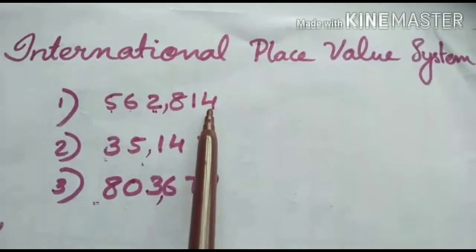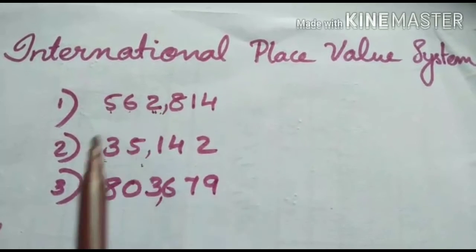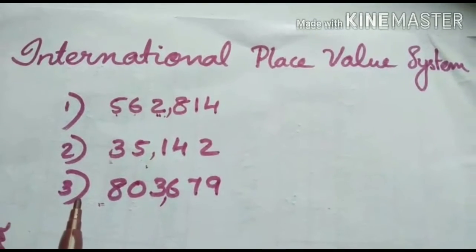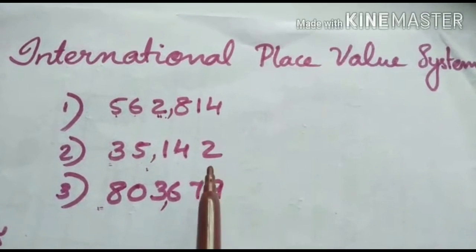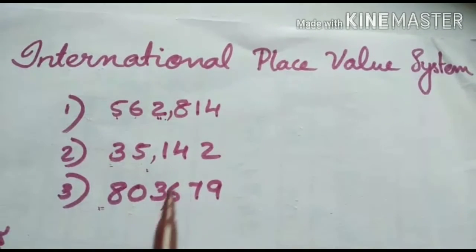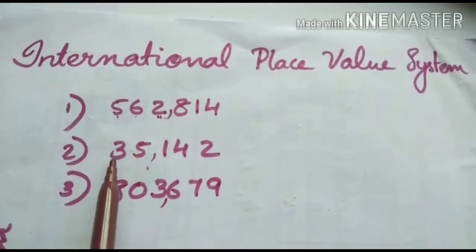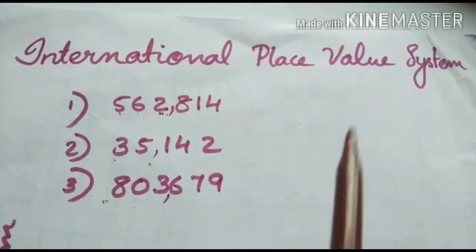Now read this number according to the international place value system. See, after the first three digits, I separated with a comma. Then the next three digits come under the second period. Here also, the first three digits come under the first period and the next digits under the second period.